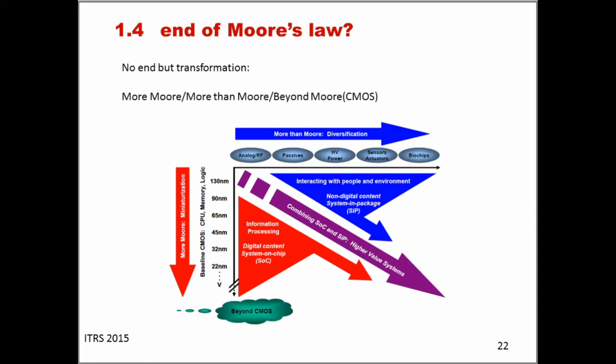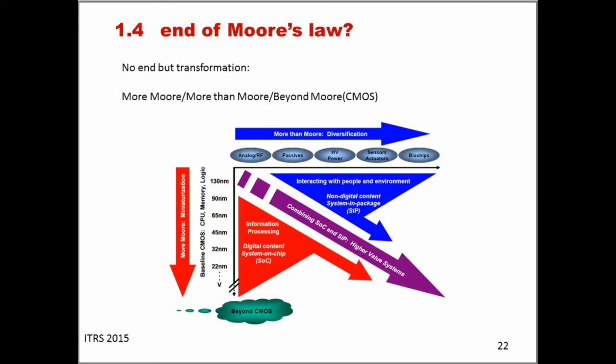Since people realized long ago now, mostly during the 90s, that Moore's law was going to get into some troubles, they realized that they could move in three possible directions.